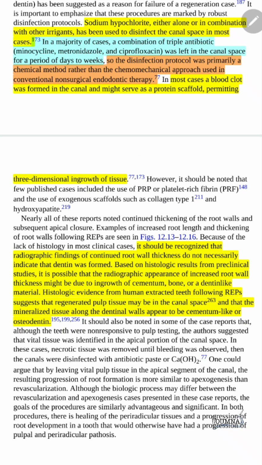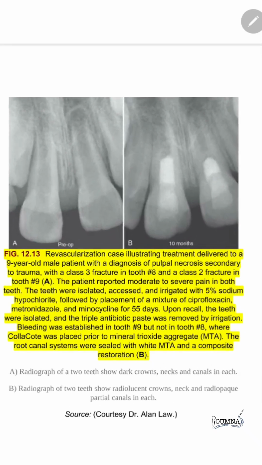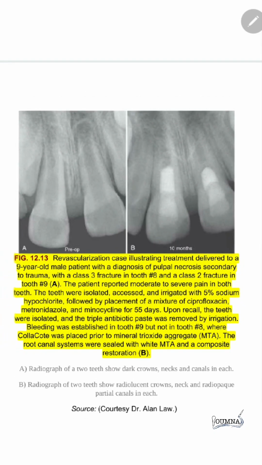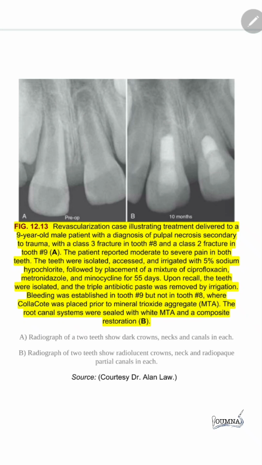This is another case of a 9-year-old male patient that got a necrotic pulp due to trauma, and both of these teeth also got fractured.